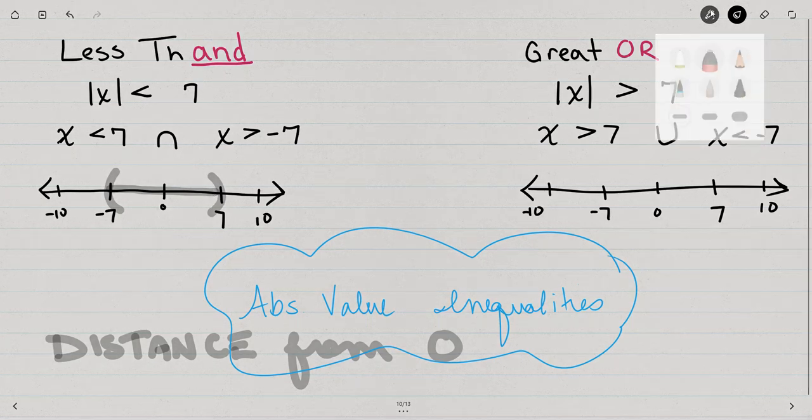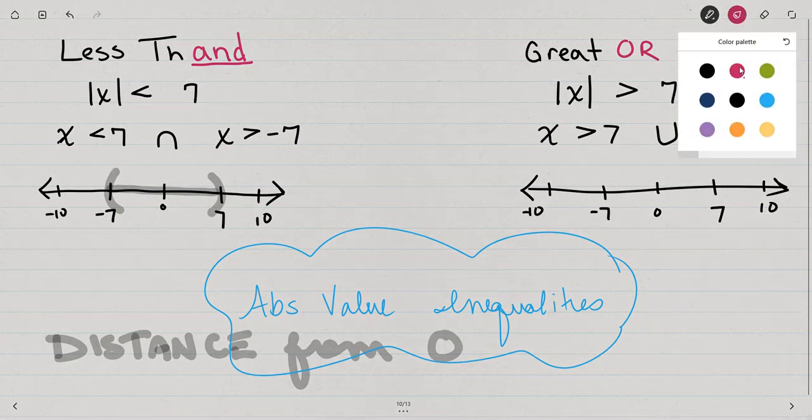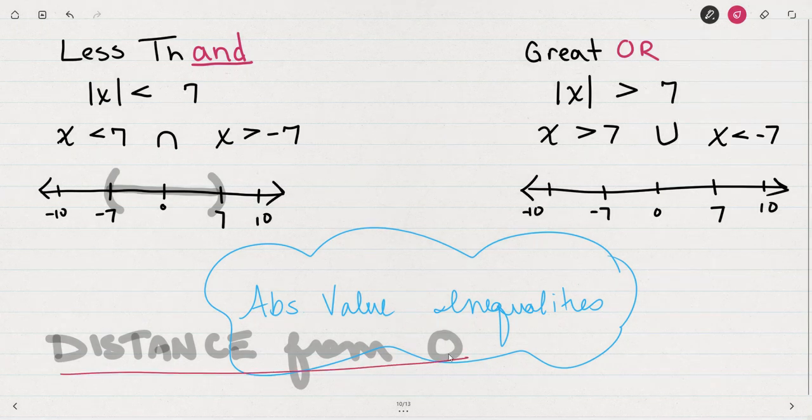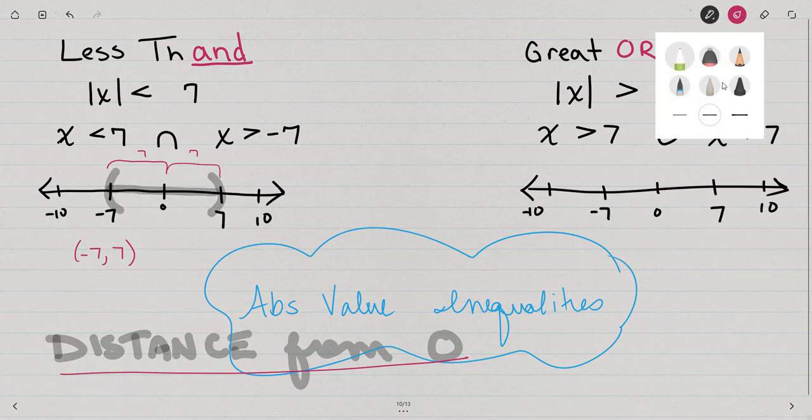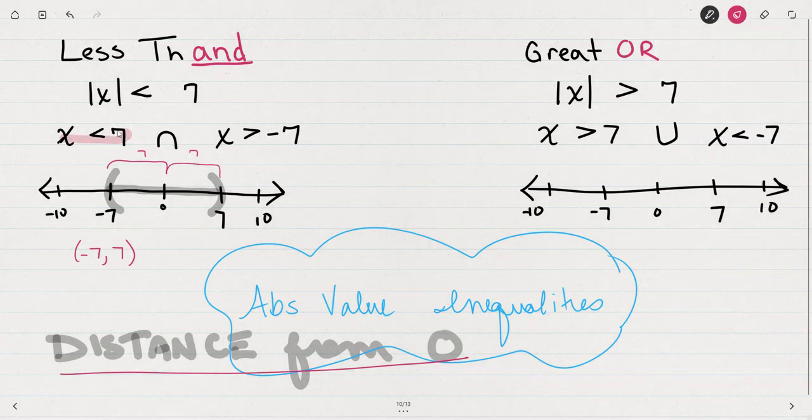I could get this answer pretty easily by thinking through that absolute value is distance from 0. So all the x's whose distance from 0 is less than 7 units would go from -7 to +7. But you could also do this, if you need to, for a little while until you really feel like you understand it.